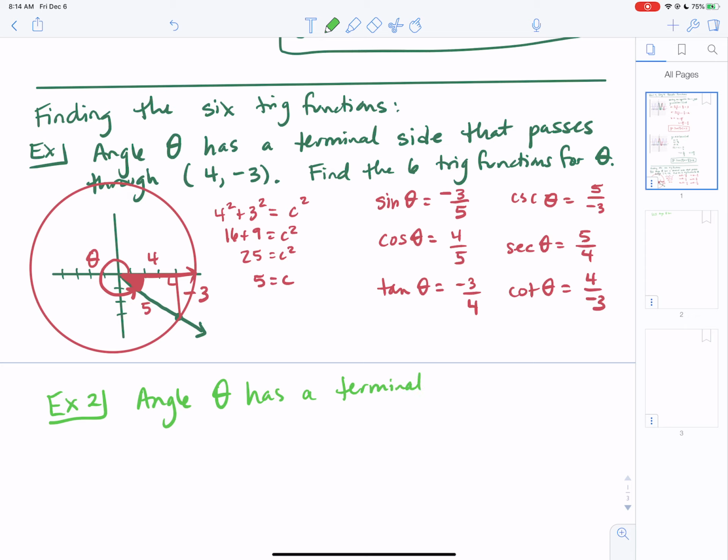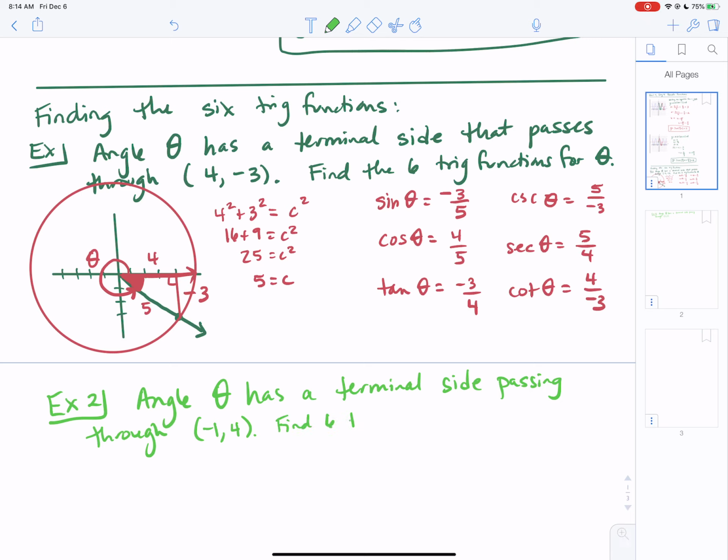So angle theta has a terminal side passing through, let's do -1, 4.